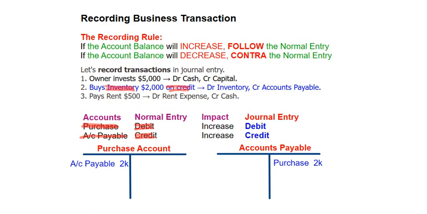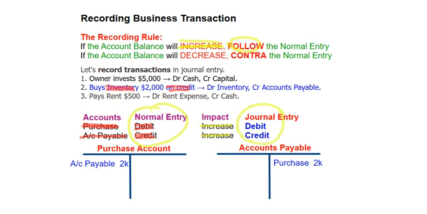Next, try to understand if you were to record this transaction, what will be the impact on those two accounts? It will increase the purchase account. It will also increase the accounts payable. Because of the rule that we have learned, any increment on the account balance will just follow the normal entry. So we copy exactly the same entry here. How do you record it?